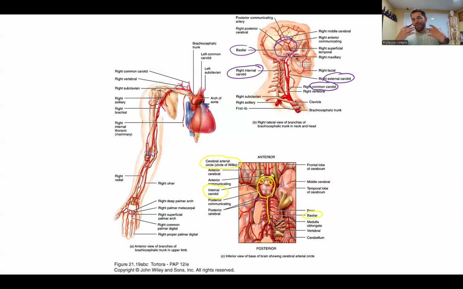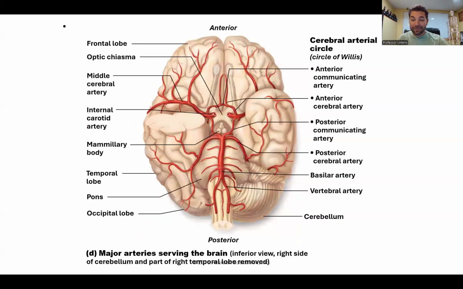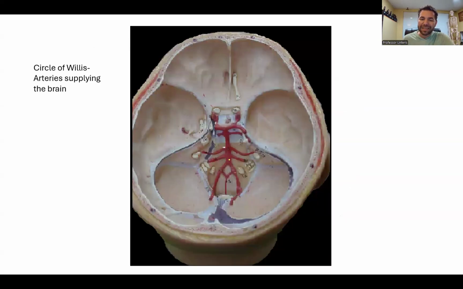Really, if you look at a picture of the blood vessels in the brain, we can just call it the circle of Willis. And we can see this in a little bit more detail here. Probably already talked about it in lecture. But this is the model that we have for the circle of Willis. These are internal carotids. The circle of Willis would be sitting right there.